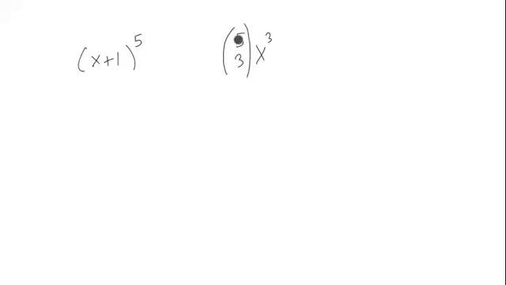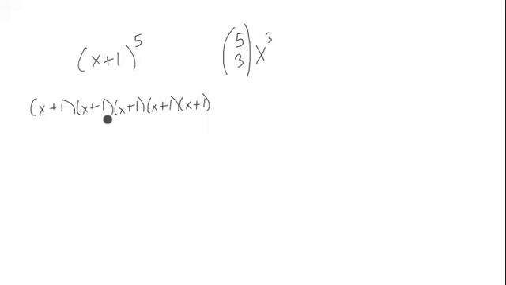Because what we're doing is we're taking the 5 factors, x plus 1, x plus 1, x plus 1, x plus 1, and x plus 1, and we are trying to see how many different ways there are of choosing 3 x's from amongst these 5 factors. So among the 5, choose 3 of them to give you x.